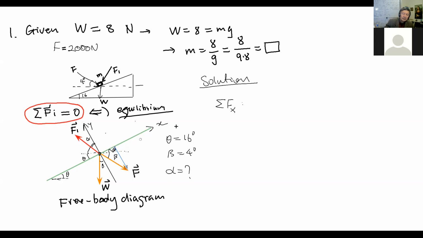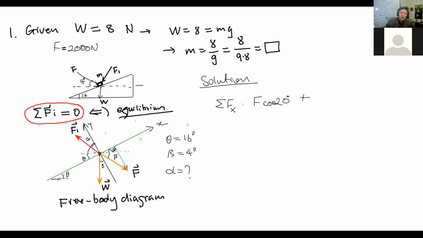So that means the x component is F cosine 20. You got the sum of alpha and beta and theta plus 20 degrees. Put degrees here.